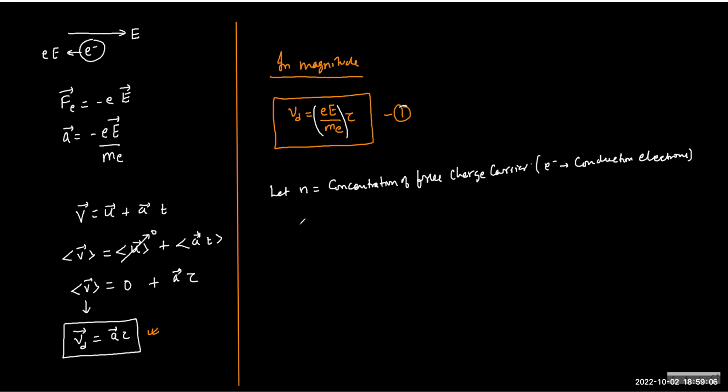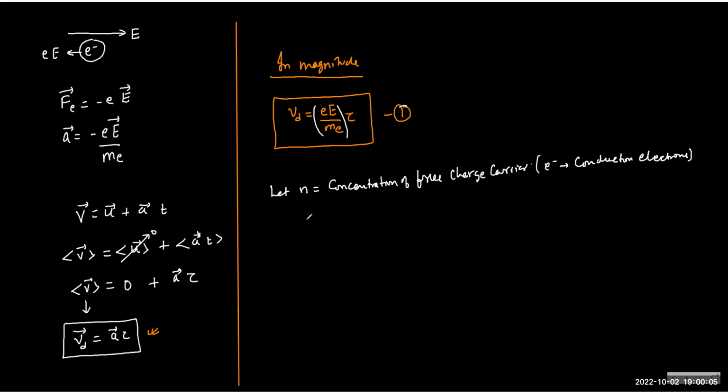And conduction electrons are free from the atom, but not free from the medium. So in case of conductor, we just have electrons.